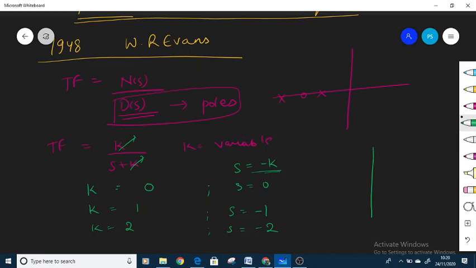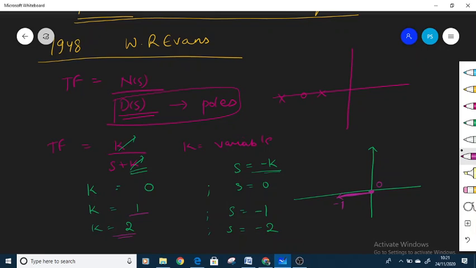So here you can see, if I again want to plot this transfer function's poles, the system's pole on the S plane, then as I am varying this value of k, the pole is actually moving. When the value of k is equal to 0, the pole was at s is equal to 0, and as I varied it to 1, this pole shifted, it came here at minus 1.